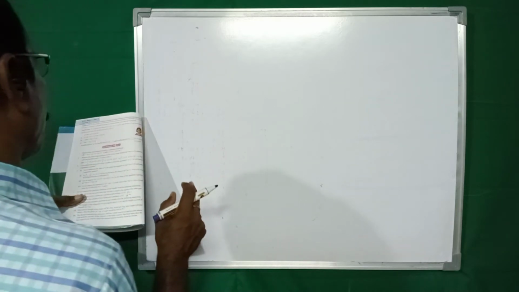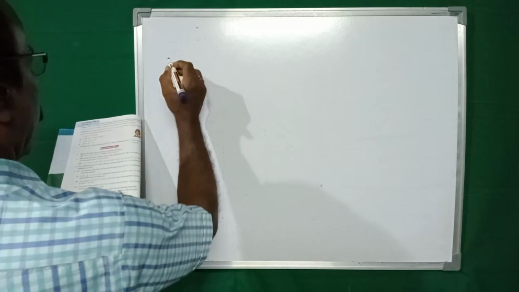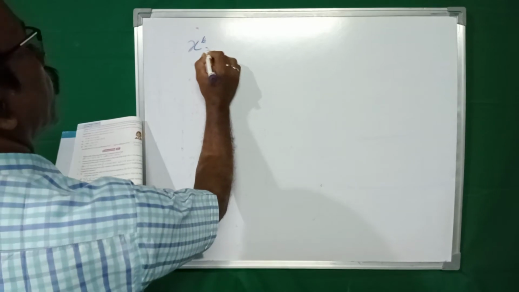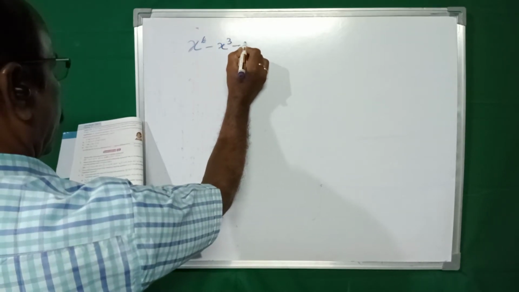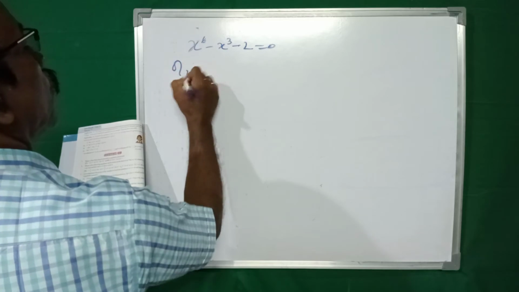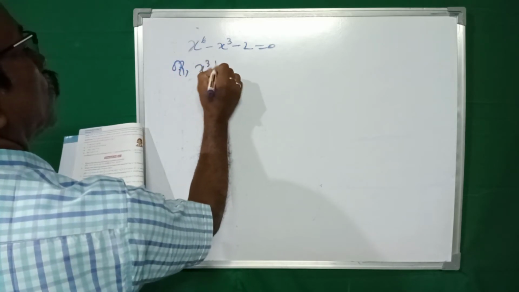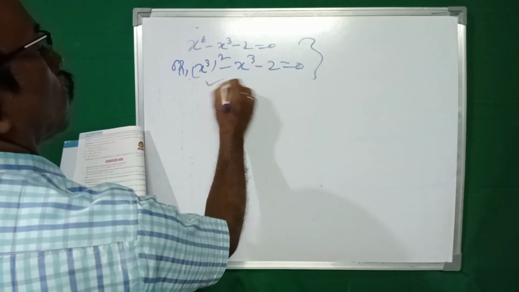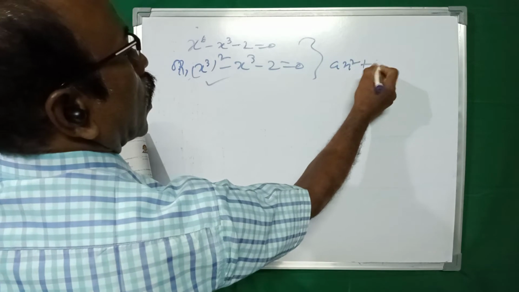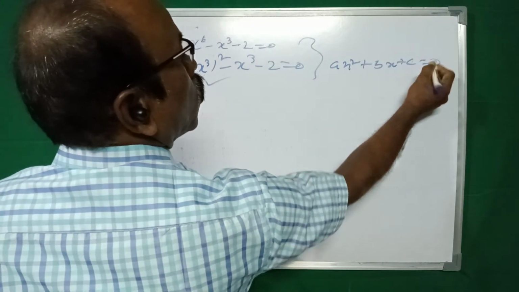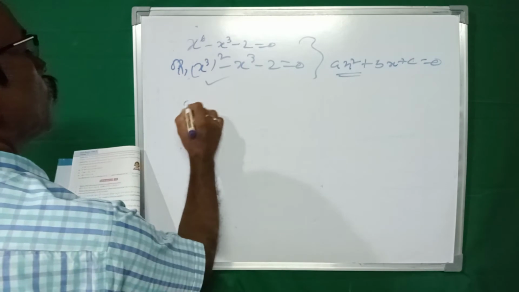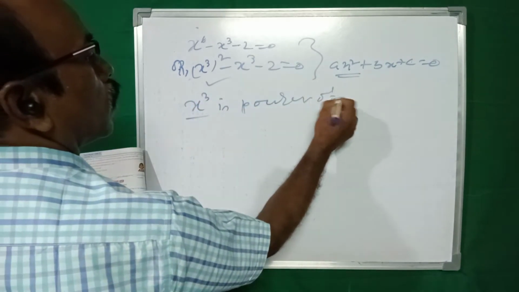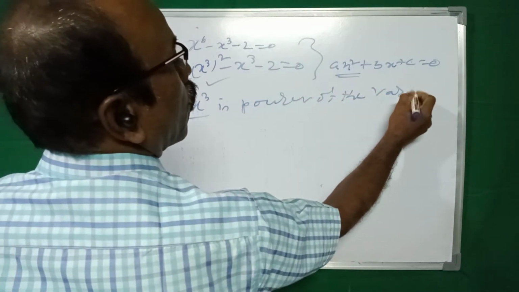Here x to the power 6 minus x cube minus 2 is equal to 0. My dear student, you see x cube square minus x cube minus 2 is equal to 0. We compare this with ax square plus bx plus c is equal to 0, so x cube is the power of the variable.